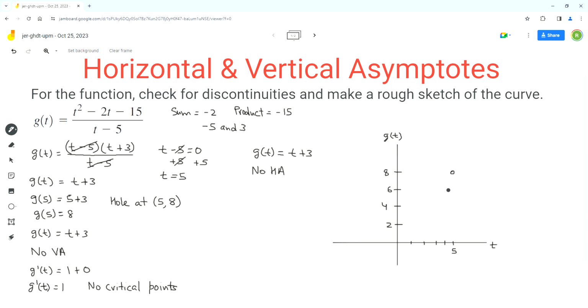Now we can sketch the function g of t equals t plus 3. This is a linear function whose slope is equal to 1, the coefficient of the t term, and the intercept here is equal to 3. So the intercept is here on the y-axis or the vertical axis, and the slope is equal to 1.